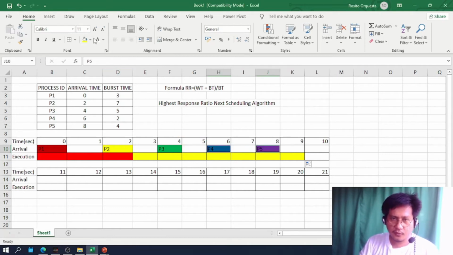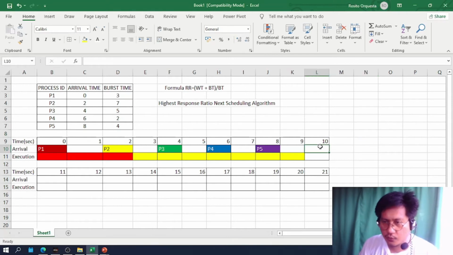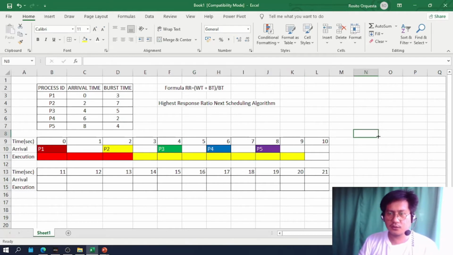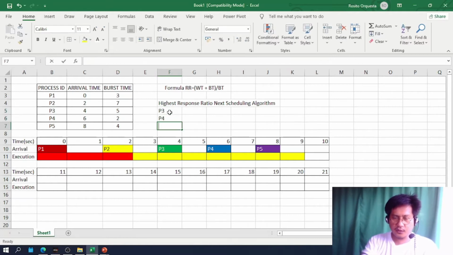Now, since there are 3 processes in the queue, at around time 10, we will decide which of these processes will go first and which will go last or next. So what we are going to do is compute the response ratio for each of the processes. So we have here the P3, the P4, and the P5.